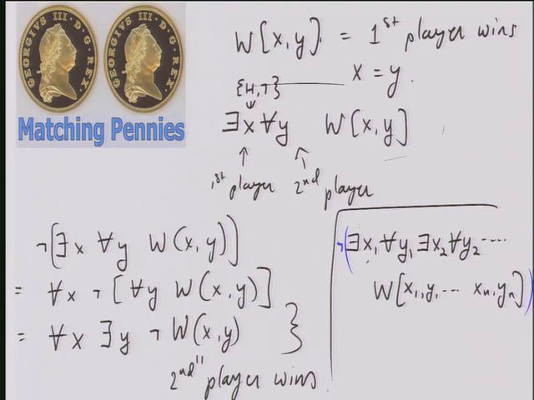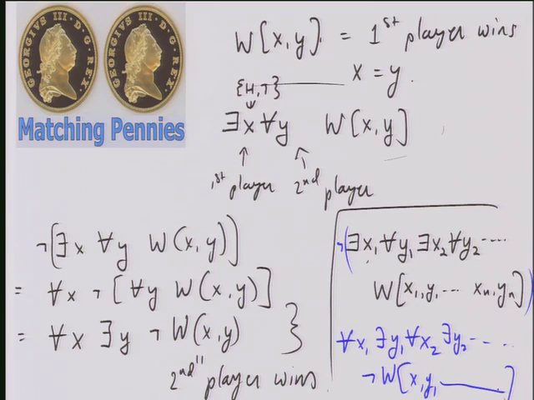We'd get for all x1, there exists y1, such that for all x2, there exists y2, etc., such that not W of x1, y1, etc. Now, in chess, either the first player wins, or the second player wins, or it's a drawn game. But let's pretend for the moment that chess was a kind of game where either white wins or black wins, and there's no possibility of a draw.